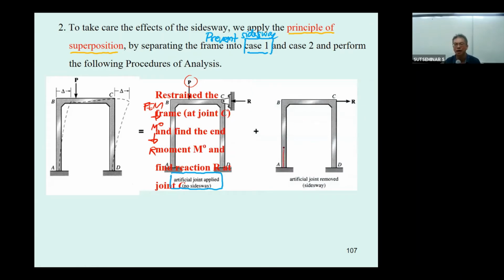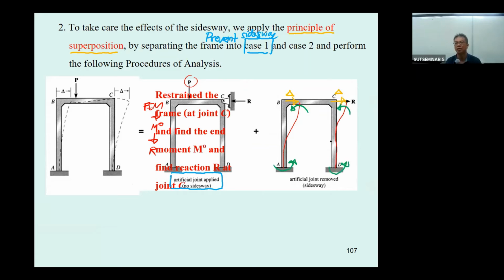But what happens is the frame has the sidesway, and we don't know how much delta occurs. So even though we apply the R to this structure, the fixed end moment due to the sidesway over here, we cannot compute.